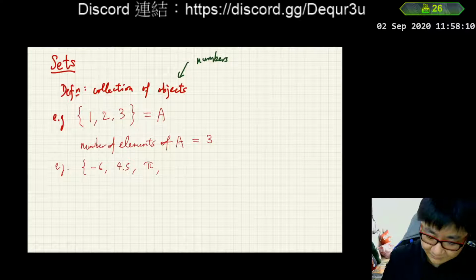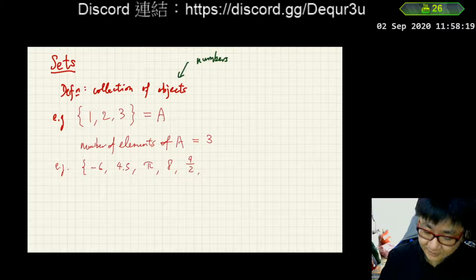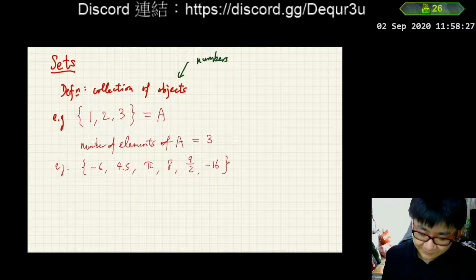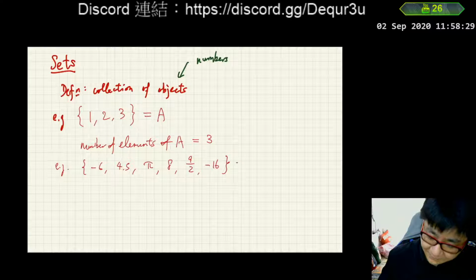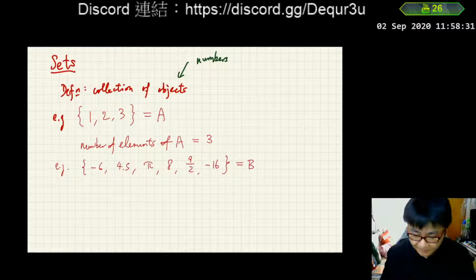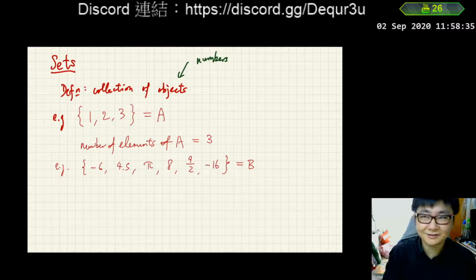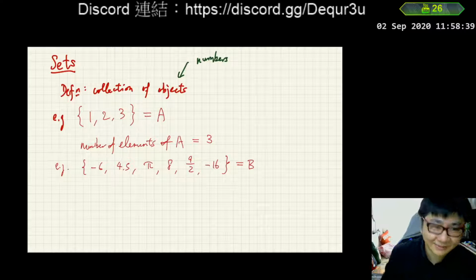And then maybe a few more like 8, and then maybe 9/2, and maybe more, -16. Okay, then maybe I call this set the set B. So then you can answer in your chat room or whatever, or answer to yourself, have an idea to yourself.